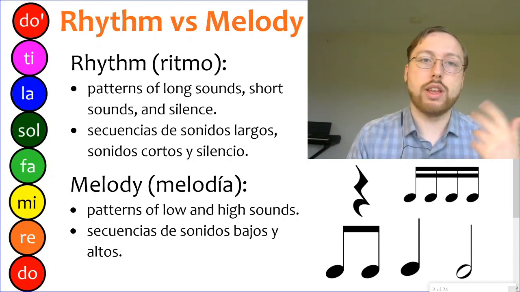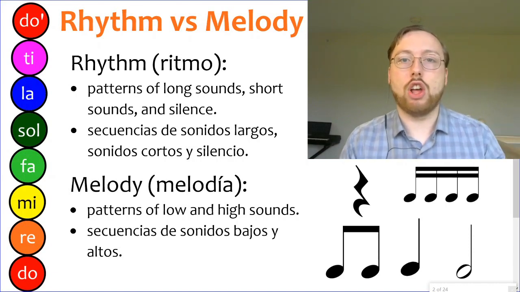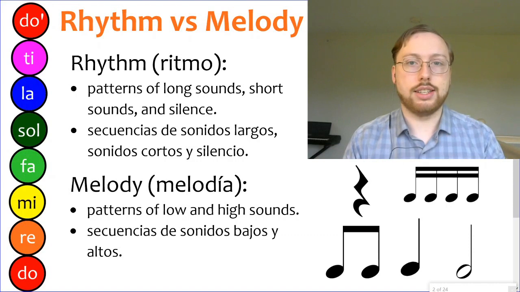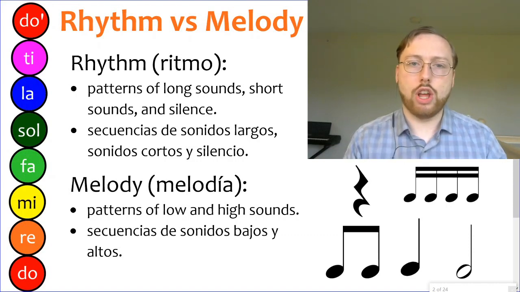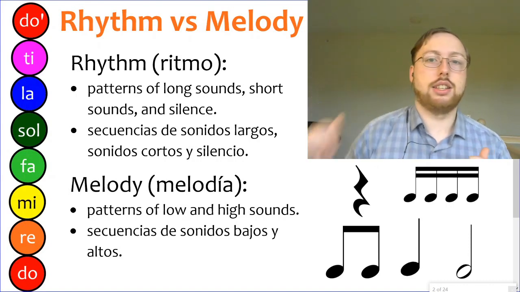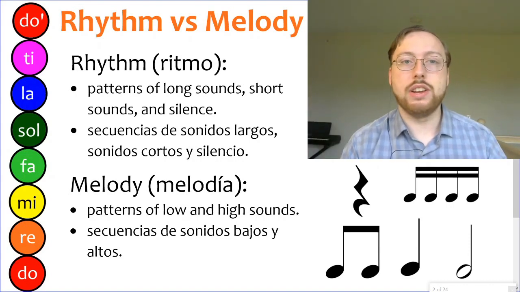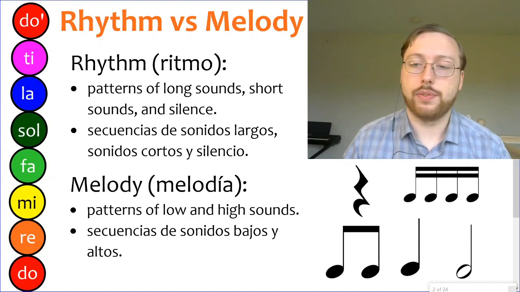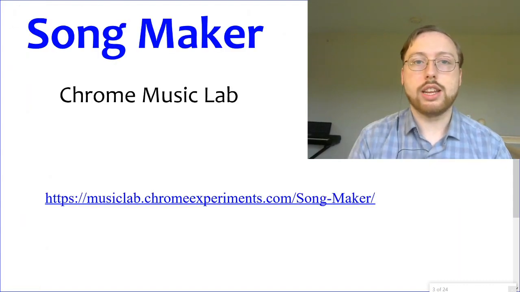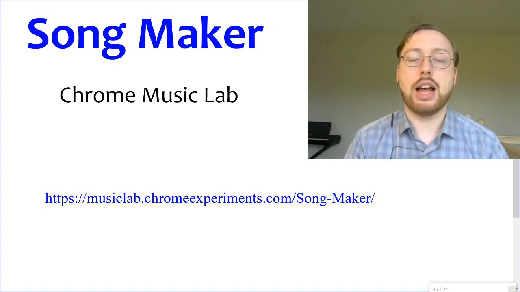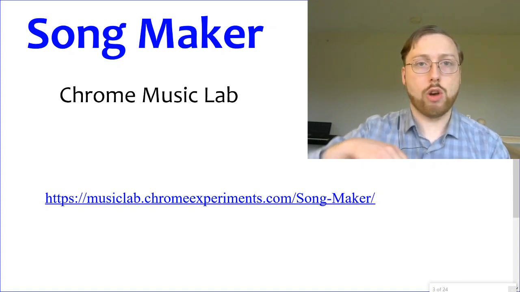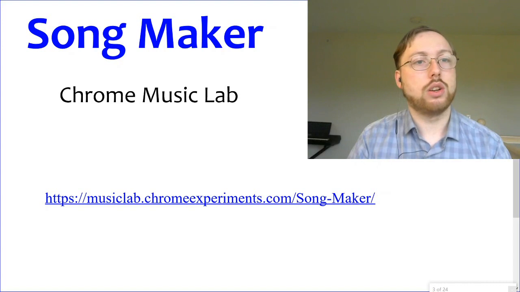So to review again, rhythm, ritmo, patterns of long sounds, short sounds, and silences. And melody, melodia, patterns of low and high sounds. When we combine this together, that's when we get those songs. And our new website, Songmaker, from Chrome Music Lab, allows us to combine melodies, low and high sounds, and rhythms.